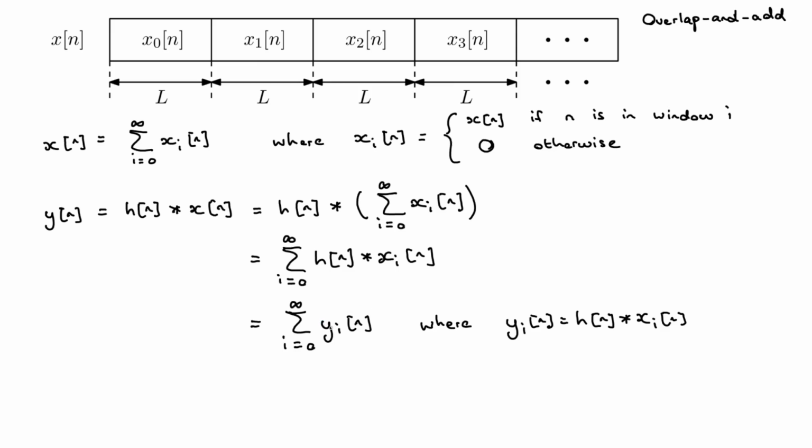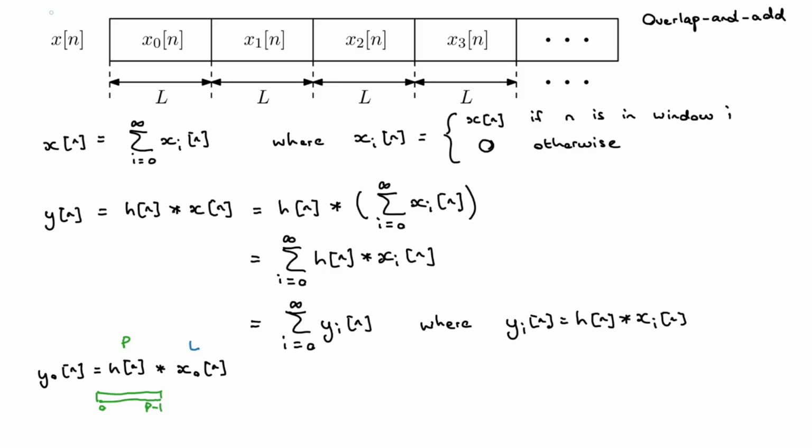And so y0 of n will actually go on into samples into this spot here. So for y0 of n, let's say h of n has a length of p, and x0 has a length of L. In other words, hn will be a little sequence, I'll just draw it here, that starts at sample 0 and goes up to p minus 1.